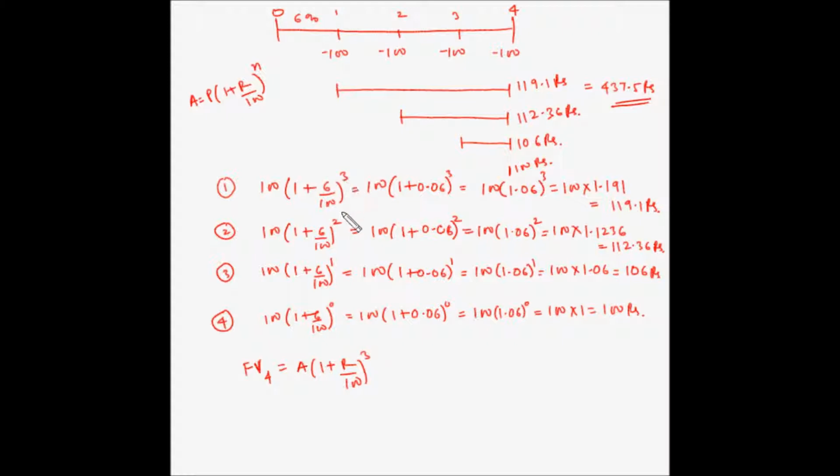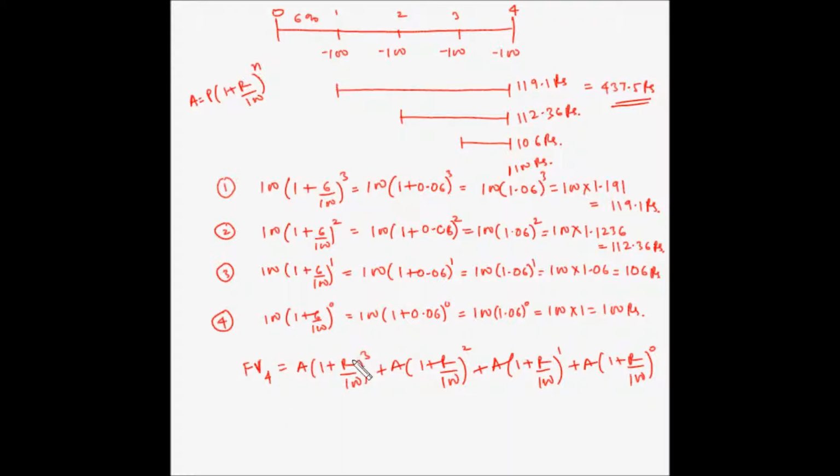Plus A into 1 plus r by 100 to the power 2, plus A into 1 plus r by 100 to the power 1, plus A into 1 plus r by 100 to the power 0. So this is what we did.